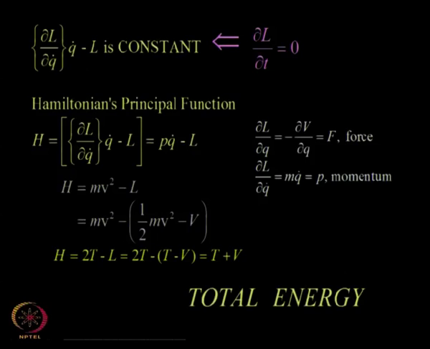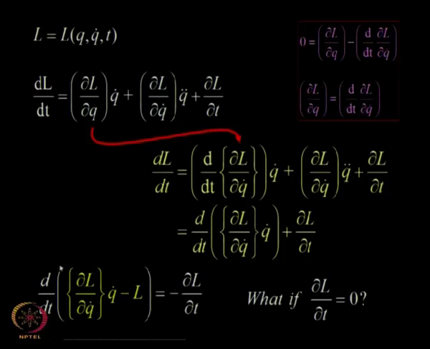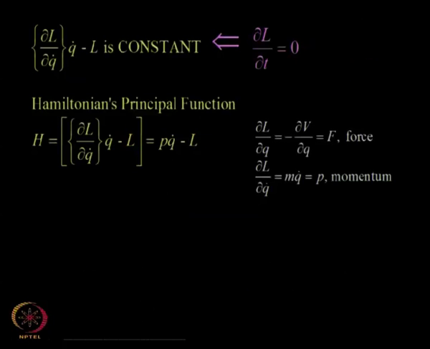So, the Hamiltonian, which we have defined as the Hamilton's principal function, can be immediately identified with the total energy, which is a conserved quantity, which is a constant quantity, and the constancy is not a matter of faith, it is expressed by the previous result that d by dt of this Hamilton's principal function goes to 0 whenever del L by del t is 0, right. What is the condition?